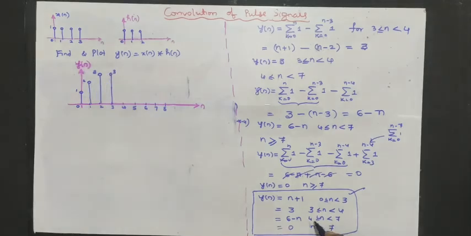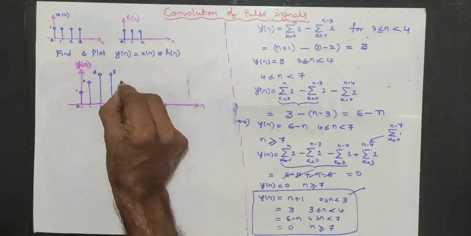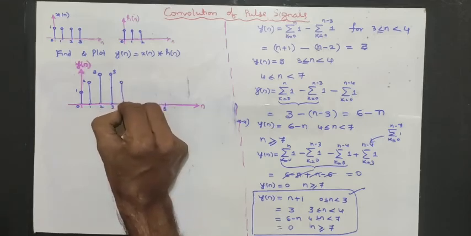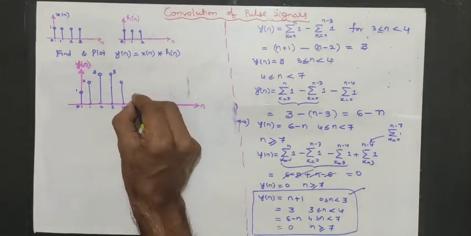At 4, you see, it becomes 6 minus n. n is 4 now. 6 minus 4, 2. At 5, 6 minus 5, 1.